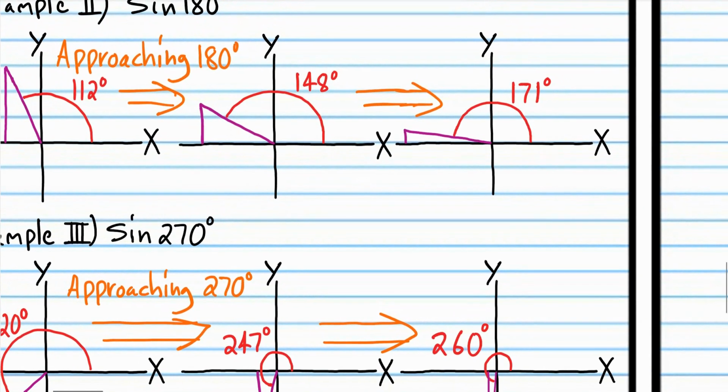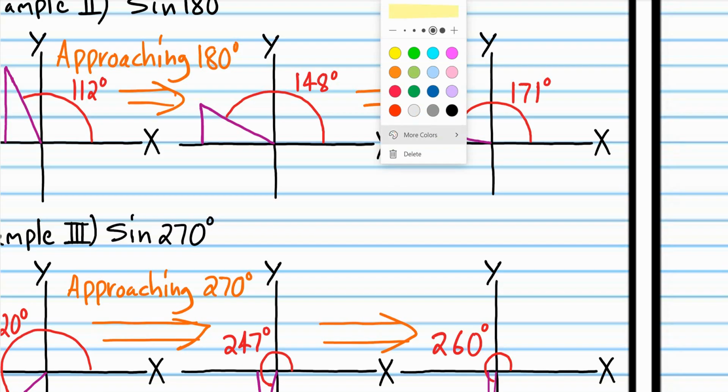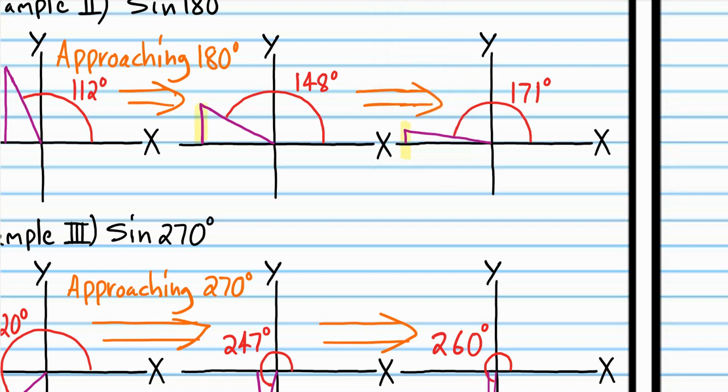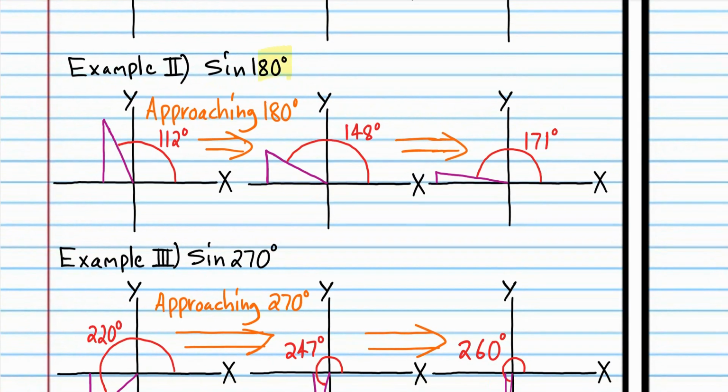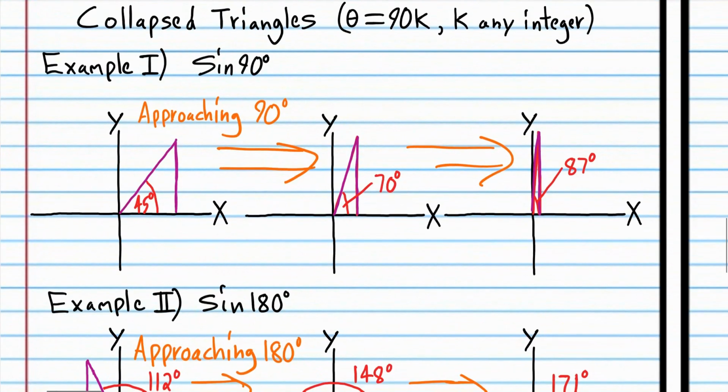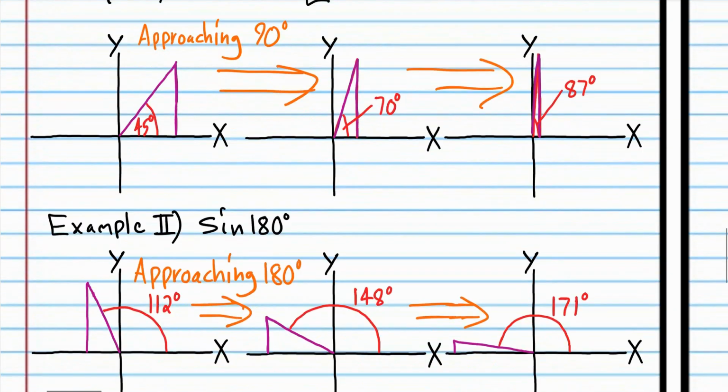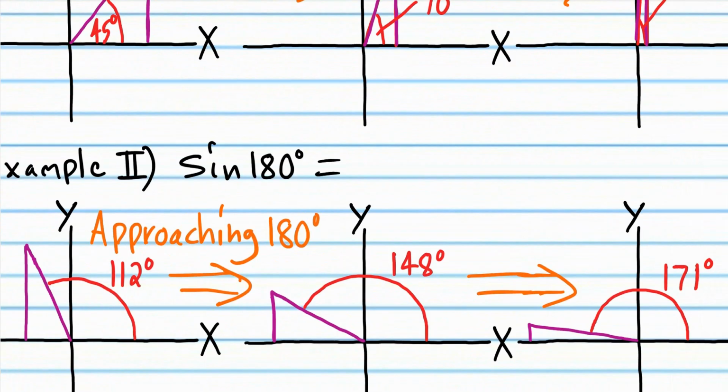So if the yellow opposite side approaches 0, mathematicians just assume that it is 0 when the angle actually gets to 180 degrees. And so the sine function approaches 0. So we just define sine 180 degrees as 0. And by the way, I forgot to write up here, sine 90 is equal to 1, and sine 180 is equal to 0.